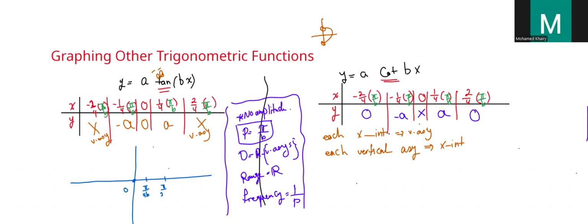And here also negative pi over 4b, negative 2 pi over 4b, negative 3 pi over 4b, and so on, which is the same thing. Then after that, what do I have to do?